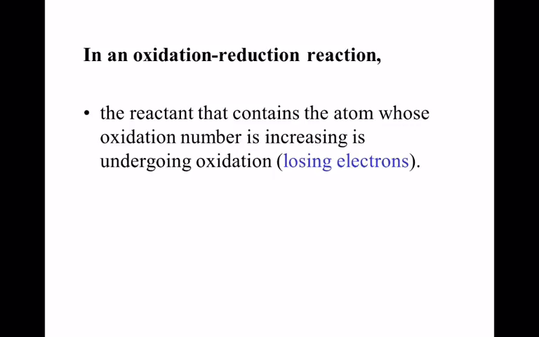Oh, sorry, I got my things mixed up. D is the atom that's being oxidized. So CD is the reactant that has the atom that's being oxidized, excuse me.